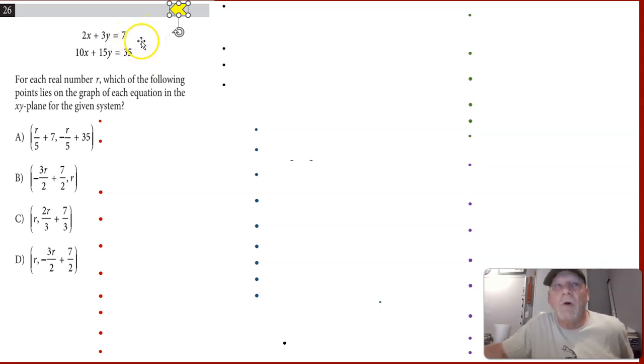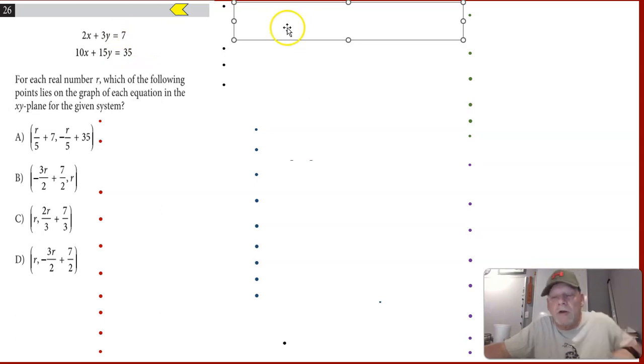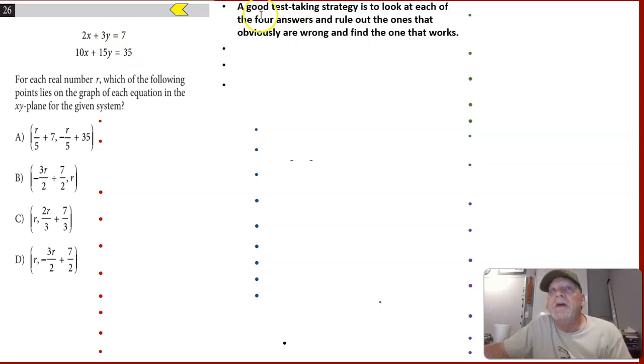Now, it just so happens that sometimes when you're working a problem, the easiest way to figure out, and it's a good test taking strategy, is to look at each of the four answers and rule out the ones that obviously are wrong and find the one that works. Well, we can't see an obvious wrong one. So we just have to start plugging them in.